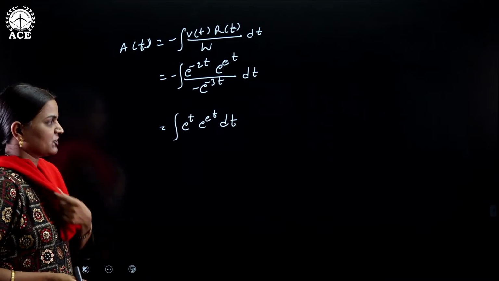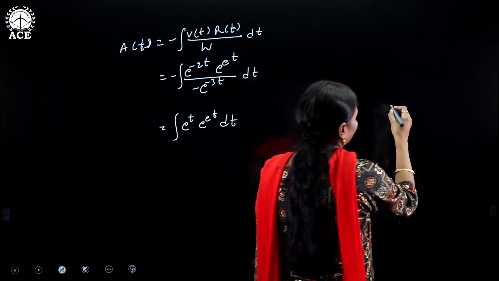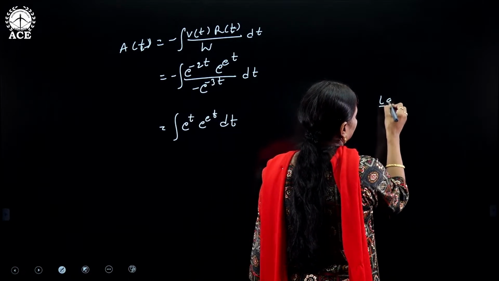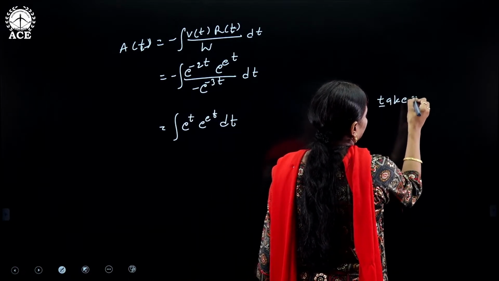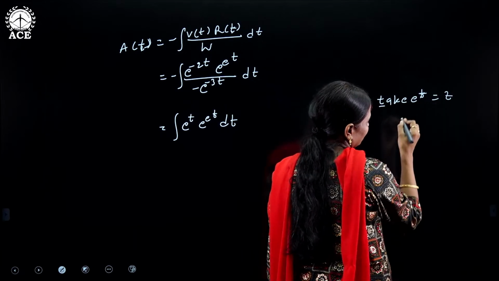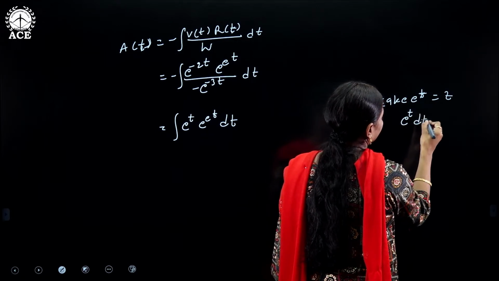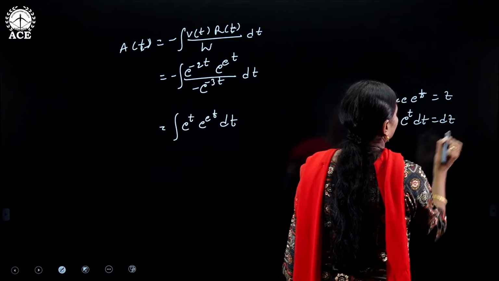So integrate it. Here also, the integration part is your choice: take the substitution or apply the formula. So take e power t is equal to z. If we take e power t is equal to z, the differentiation gives e power t into dt is equal to dz.